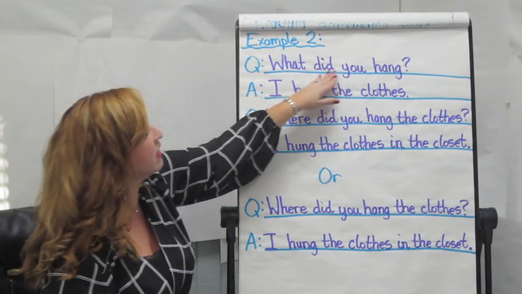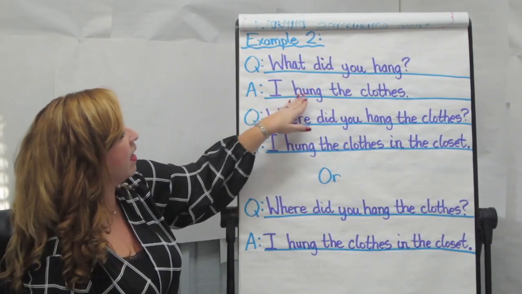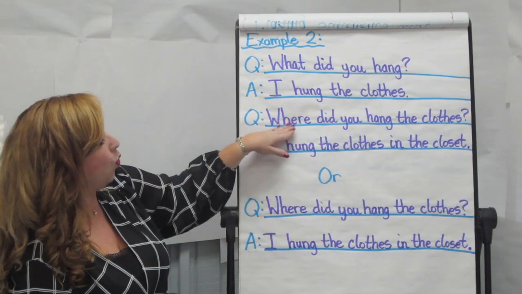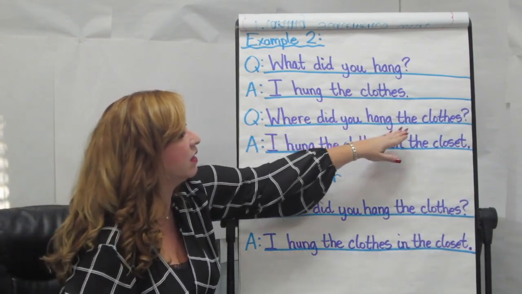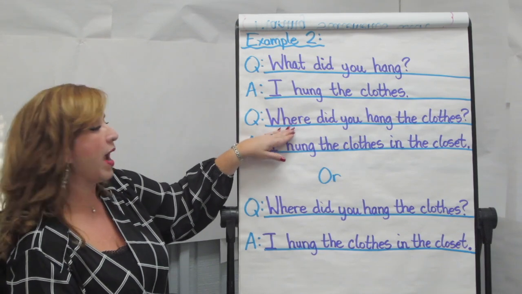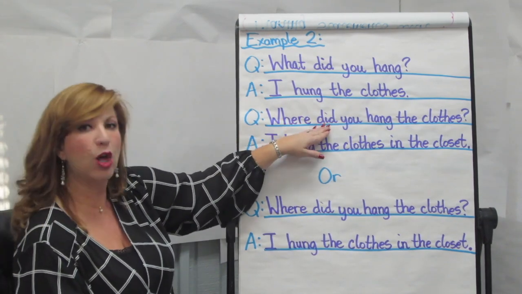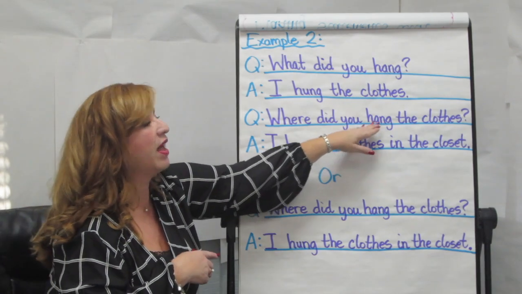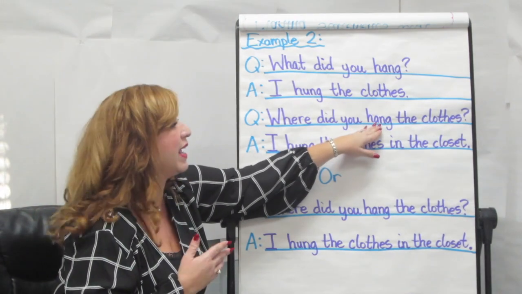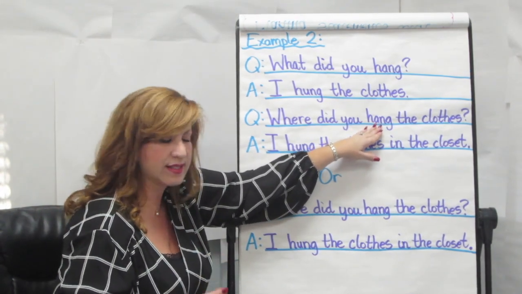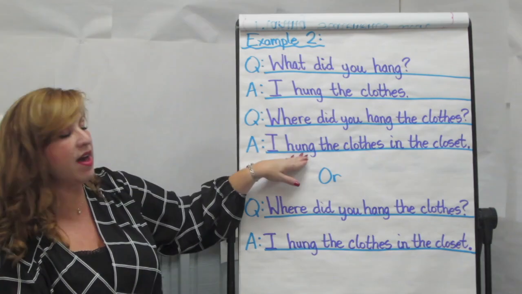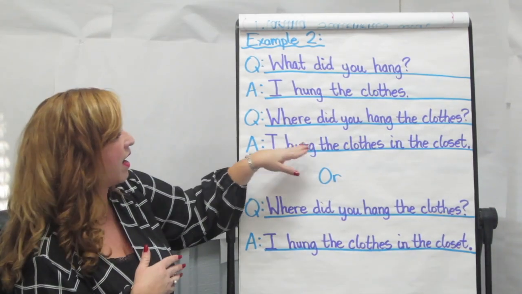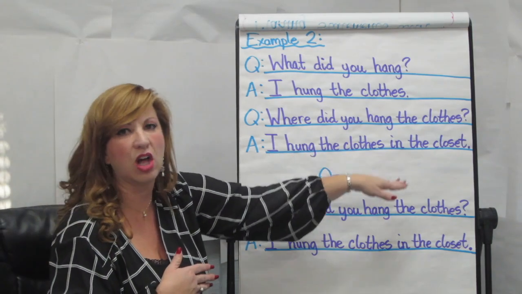Okay, so what did you hang? I hung the clothes. And again, where did you hang the clothes? So again, we're still practicing the question word. The helping verb is still in the past tense. However, the verb is still in the present tense. So I hung is responding in the past tense. I hung the clothes in the closet.